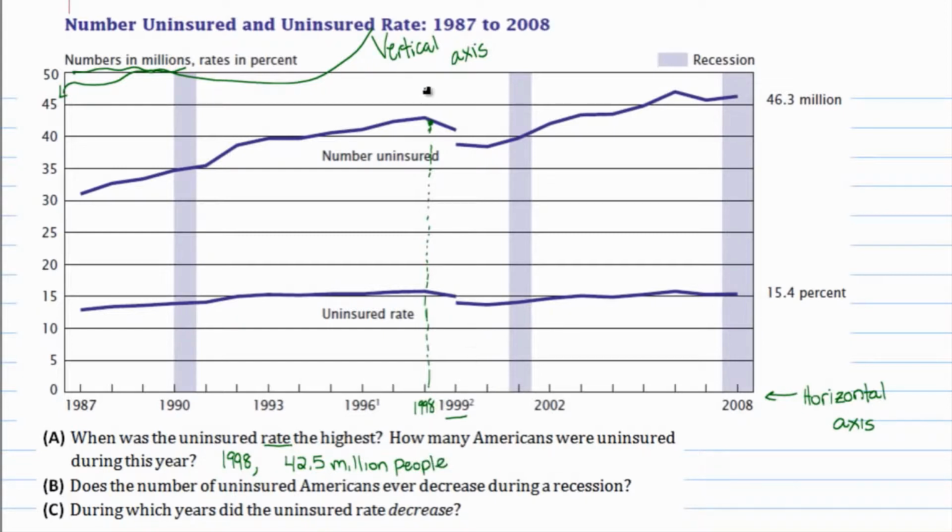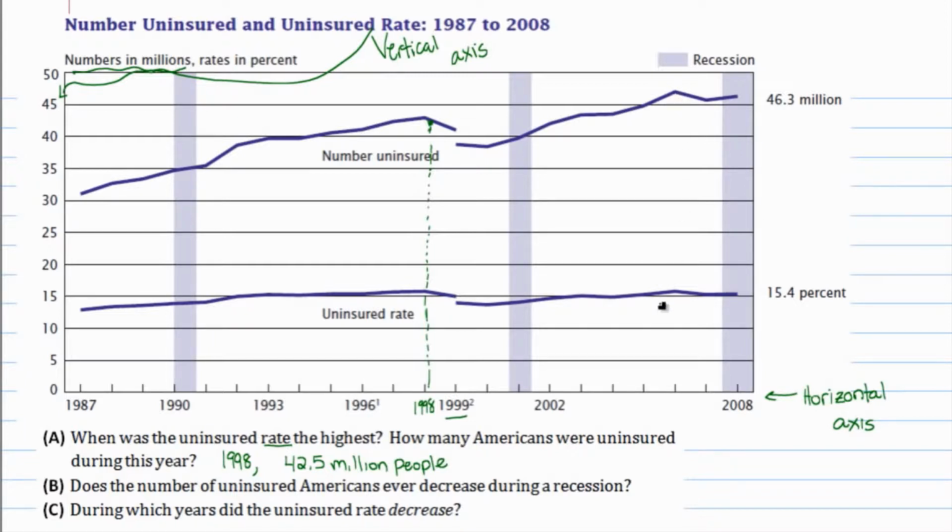What's interesting about this is that we're claiming this is the year with the highest uninsured rate, but actually there are years that have higher numbers of people uninsured. And of course, that's okay because there are just more people in the United States.